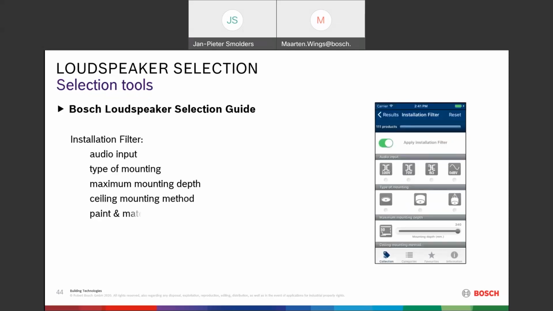Then the installation filter. In the installation filter, you can select the audio input. Does it have to be a high impedance or a low impedance loudspeaker? You can also select 0 dB. That's for the active loudspeaker that we have, the Vari.